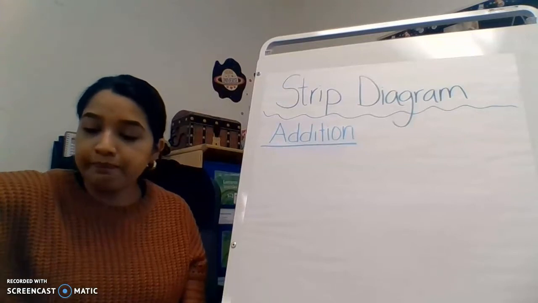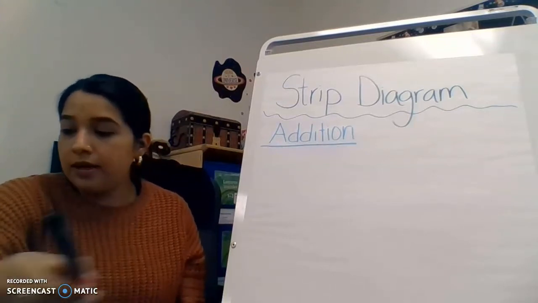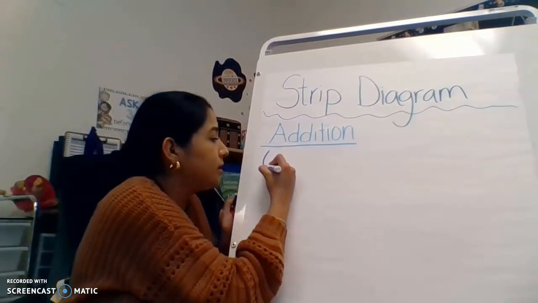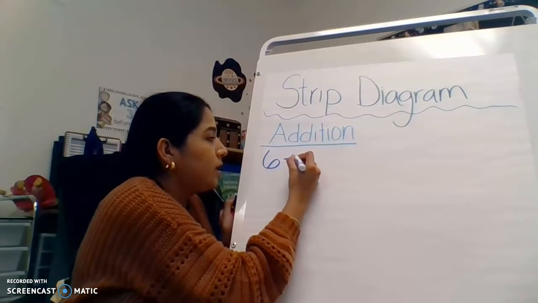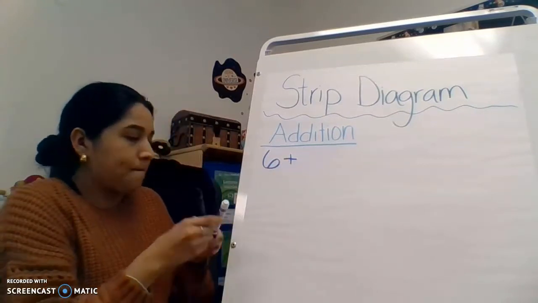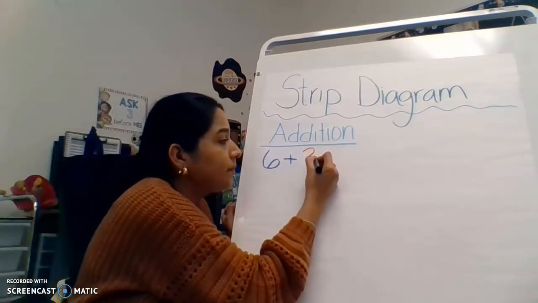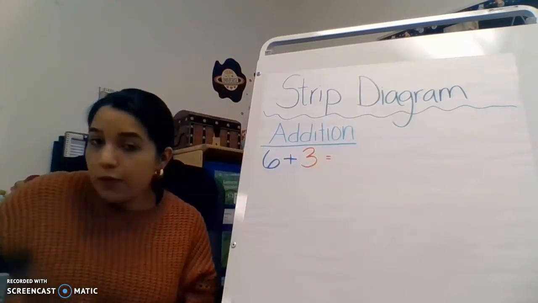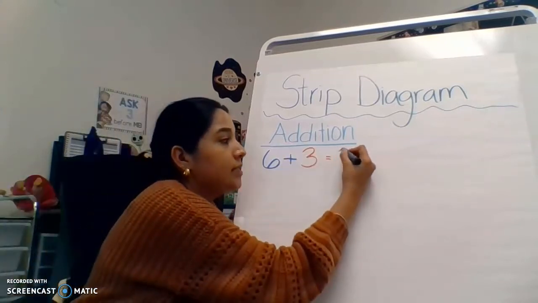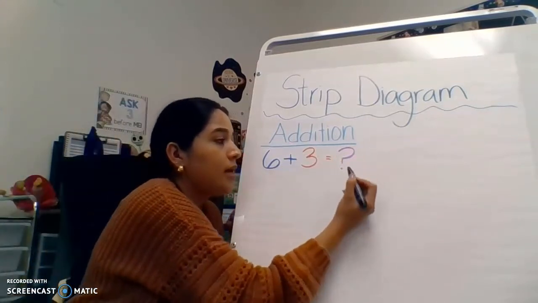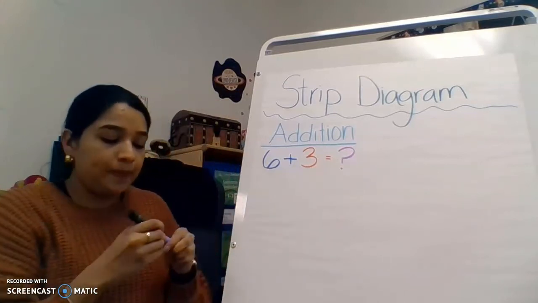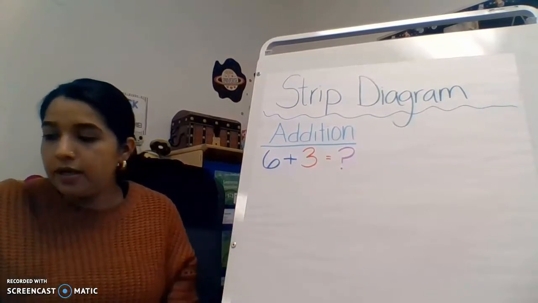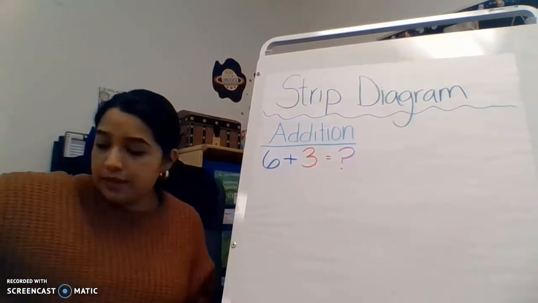So I'm going to go ahead and put 6 plus 3 equals our question mark, because we had 6 bluebirds and 3 redbirds, and we wanted to know how many birds are on the tree. So we are adding with our plus sign.